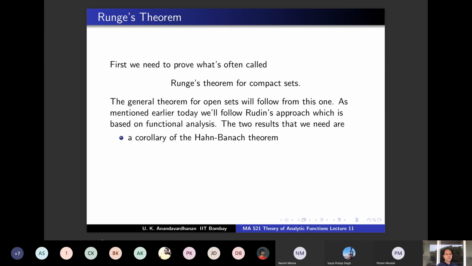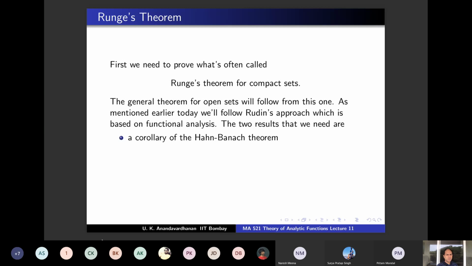There is this famous Hahn-Banach theorem in functional analysis, and the statement is an immediate corollary to it. What we are going to use is not the Hahn-Banach theorem itself but a result which does not have a name, so I will still call it the Hahn-Banach theorem.